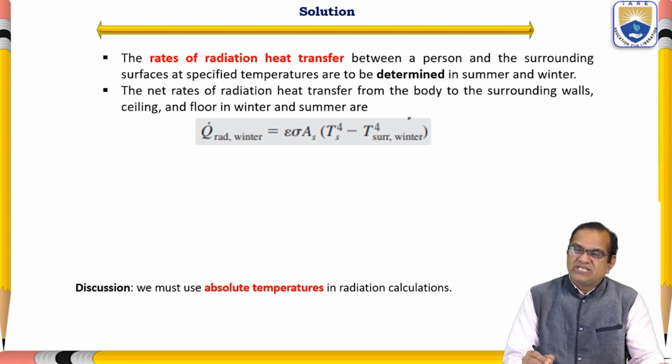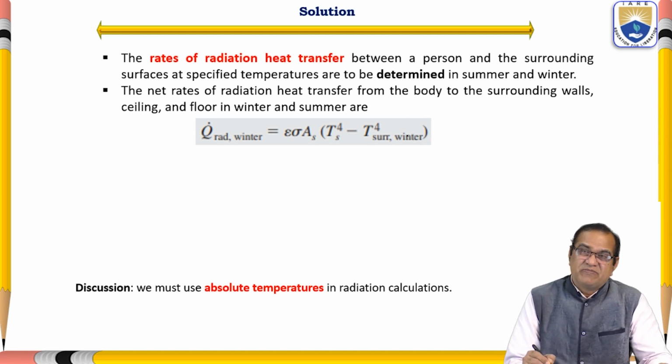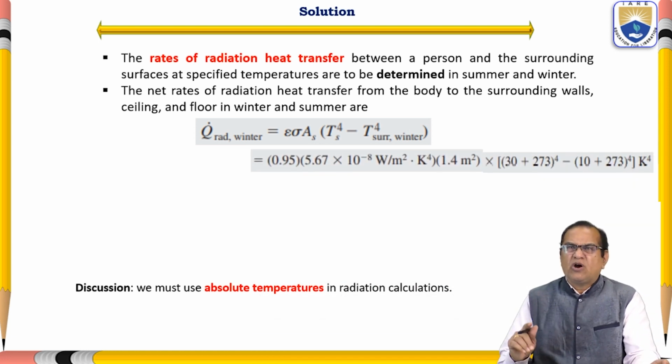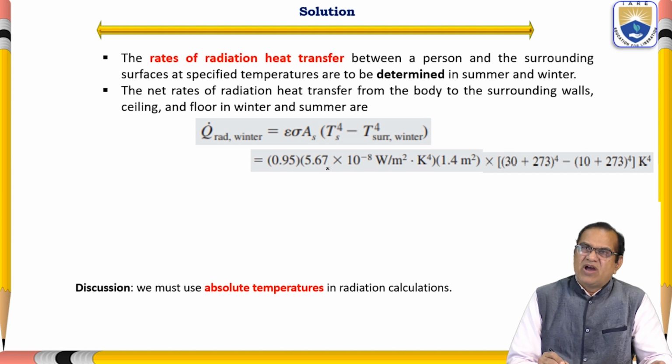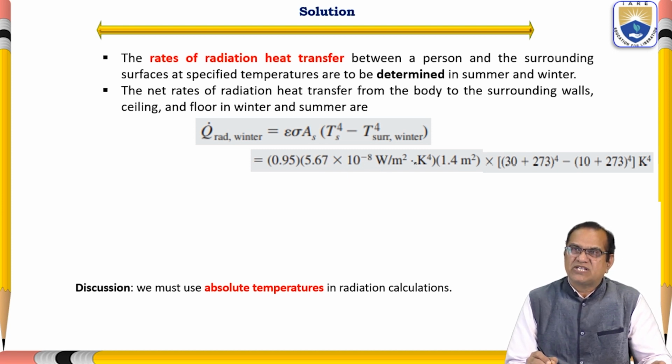First we are considering the winter condition. Epsilon is given as 0.95. Sigma is 5.67 into 10 to the power minus 8 watt per meter square K to the power 4.